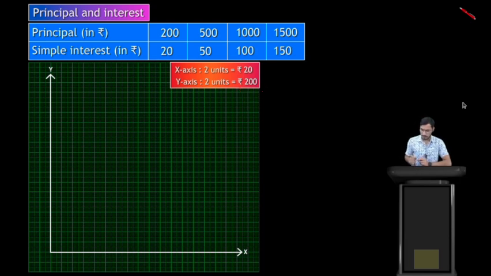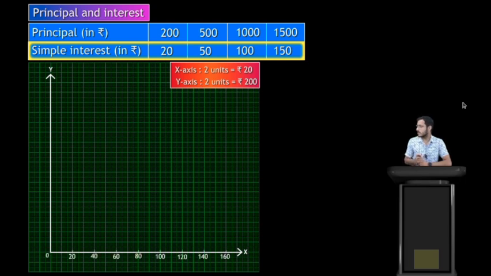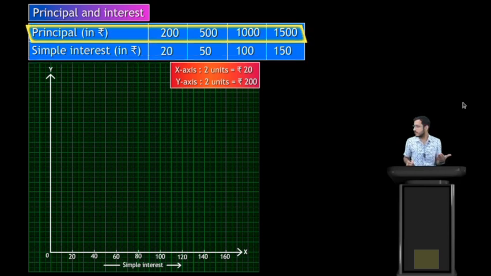First on the x-axis we mark 20, 40, 60, 80, 100. So the x-axis represents simple interest here, and the y-axis represents principal.